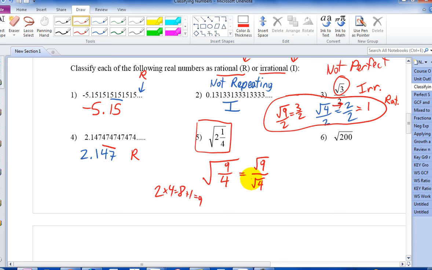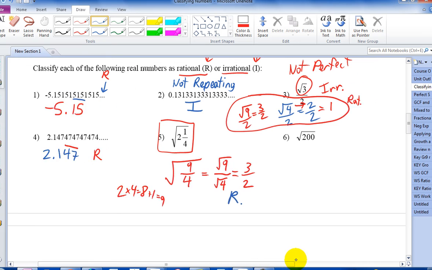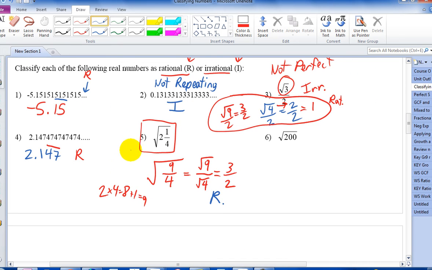So you can take your square root sign and square root the top and the bottom. And if you do that, what are you going to get? 3 over 2. So it's definitely a rational number, a fraction. It looks big and complicated, and you must convert it first. You absolutely must convert it first.